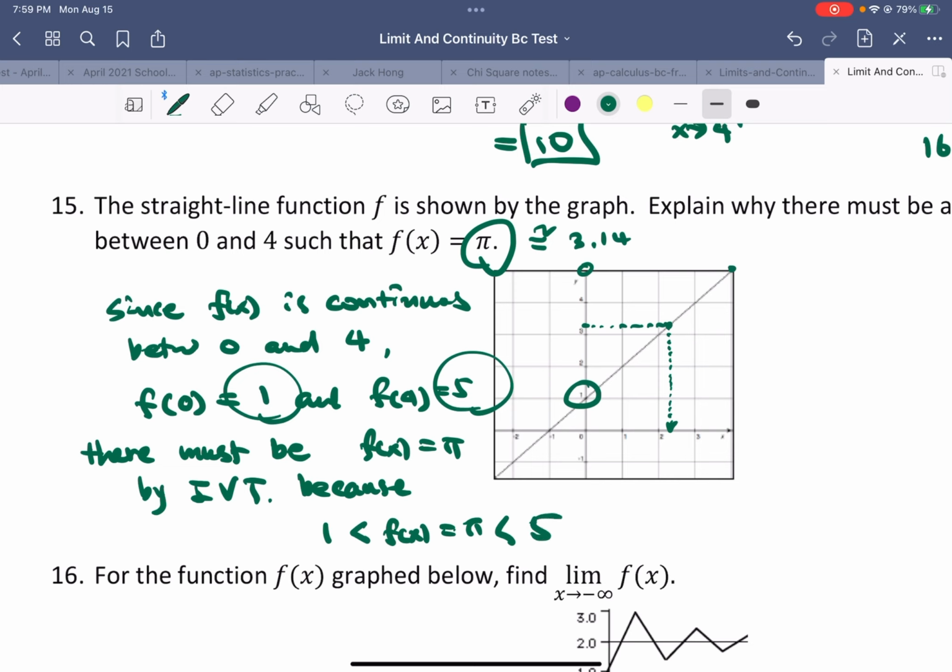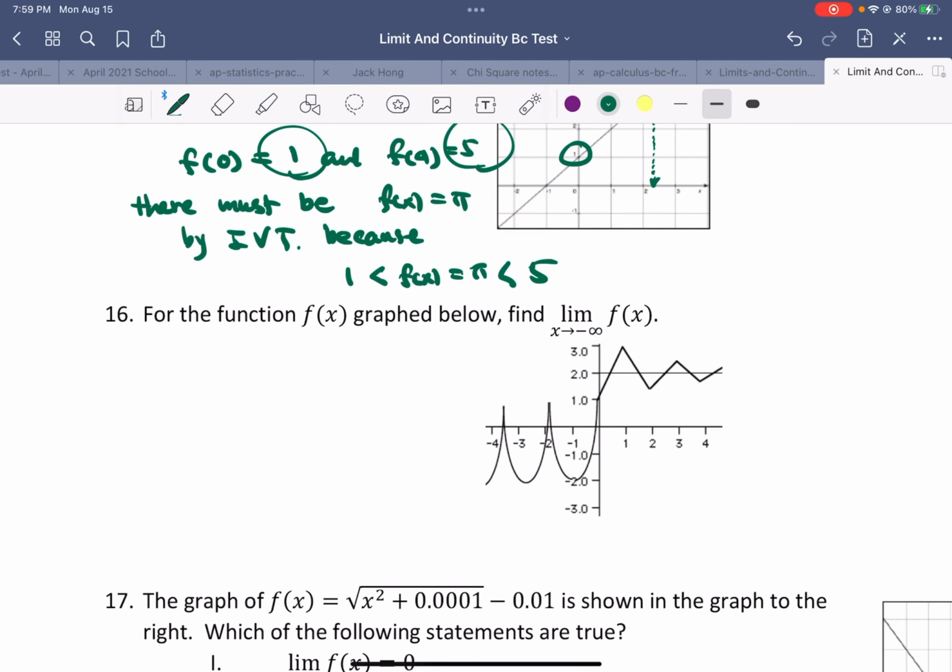So any y value between 1 and 5, you should have it, right? So then by IVT, the intermediate value theorem, there must be one value of x between 0 and 4 which is f of x equals pi, okay? So you can say that.